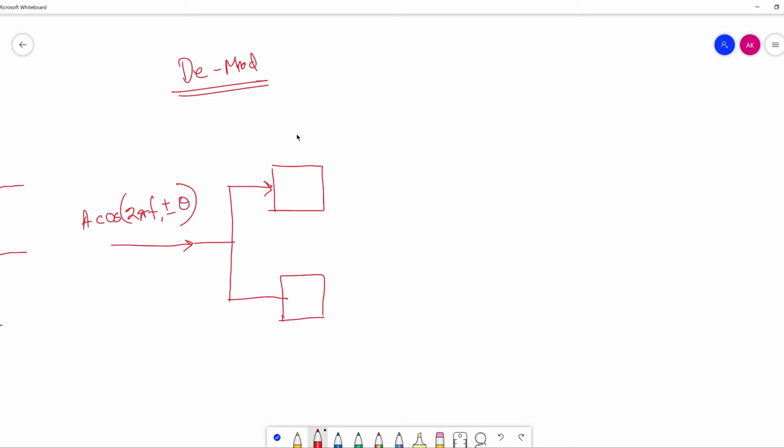So first of all, we have for carrier frequency for 1, we have a cos, this one, and for 0, for carrier frequency which are carrying zeros, so that one we have cos.